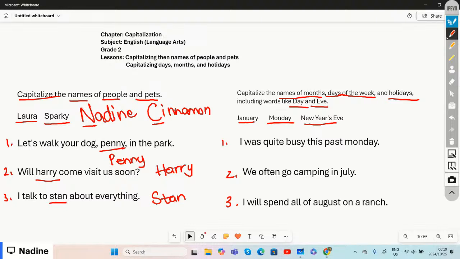All right. So if we look at our sentence, it says, I was quite busy this past Monday. What word within that sentence do we have to capitalize?